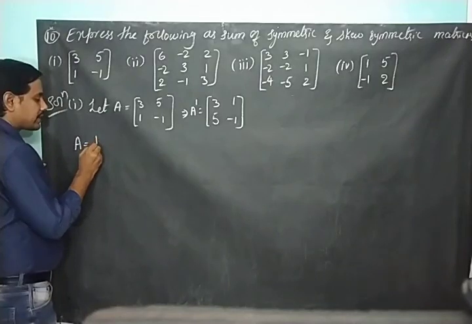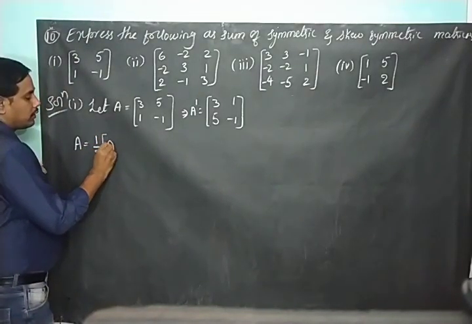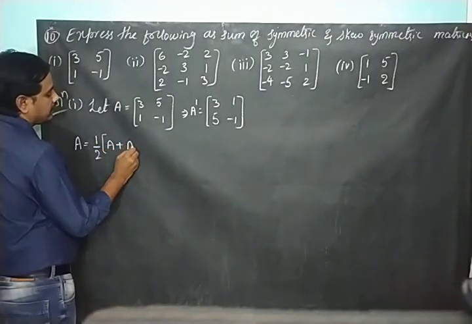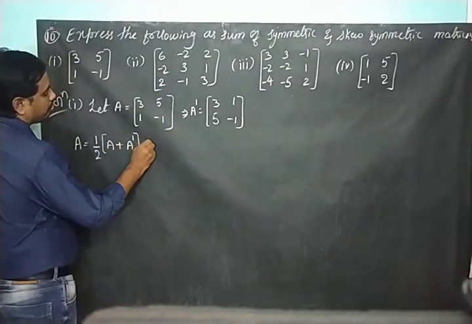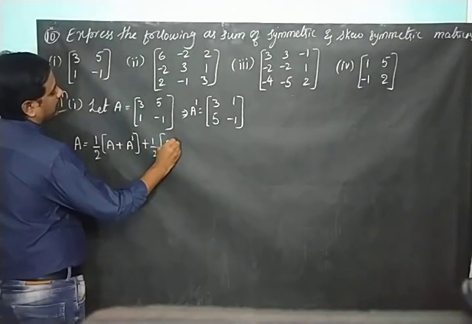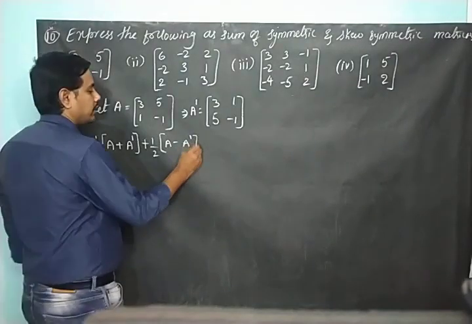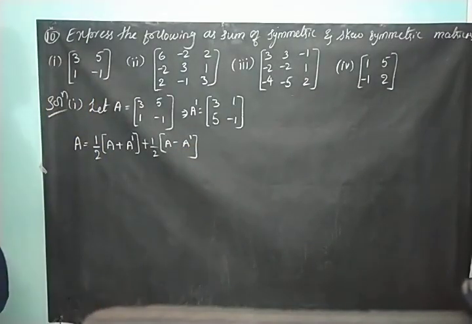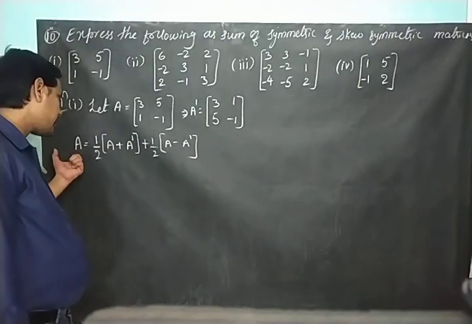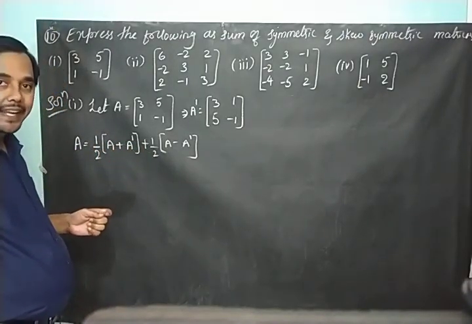Okay? So now, how can we express A? A can be expressed as half A plus A transpose plus half A minus A transpose. Right? So we can express A as half A plus A transpose and half A minus A transpose.